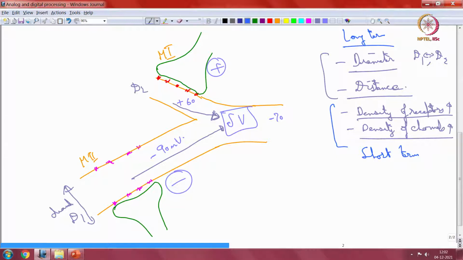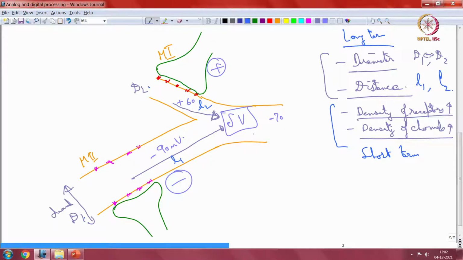But a given tree can have differing diameters based on the location in the tree and the branches. So, coming back to our discussion, we have differing diameters, we have differing lengths. Let me call this L1 and this L2. So, distances and diameters determine this, also the density of receptors and density of channels in the respective synapses.